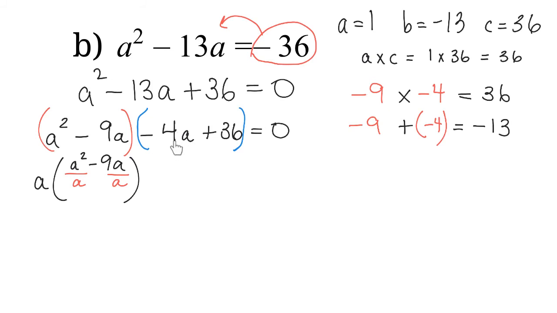Okay, so now when you look at the second set, you're going to say to yourself, well, what do 4a and 36 have in common? There are no variables that they have in common because only the first term here has the a, 36 doesn't have any attached to it. But 4 can go into 4, and 4 can also go into 36. So 4 is going to be our common factor.